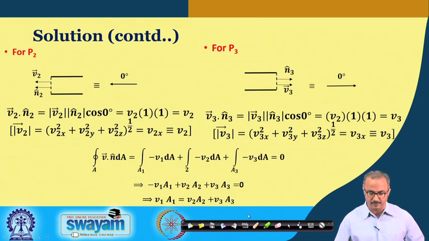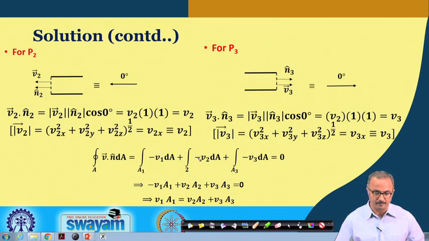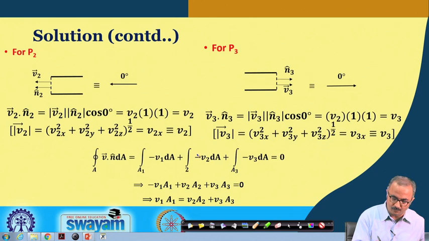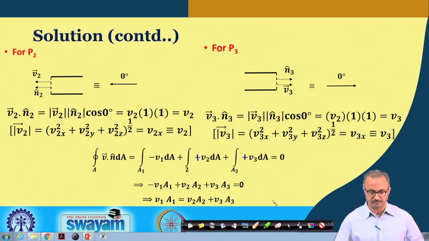So this is how we get the final expression correlating the velocities at the three ports and the areas of cross section.